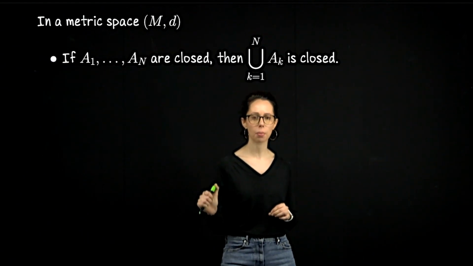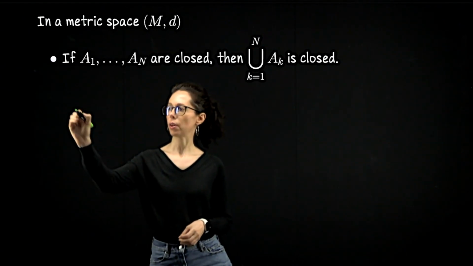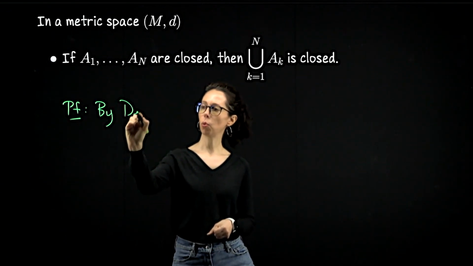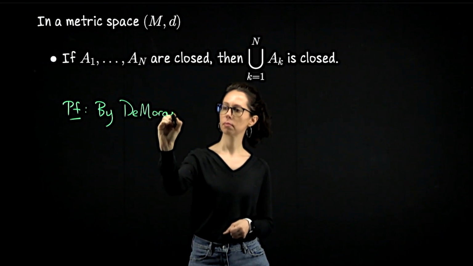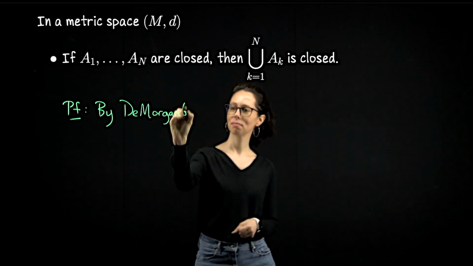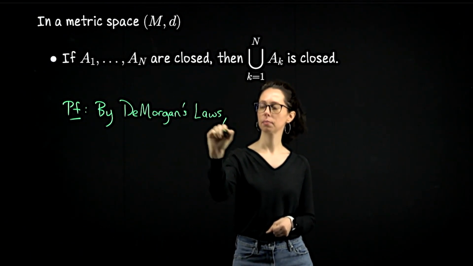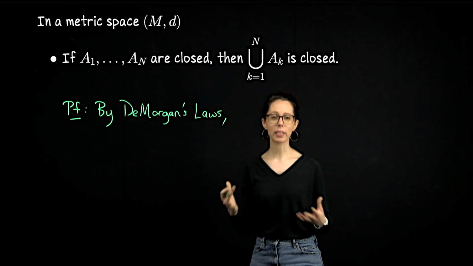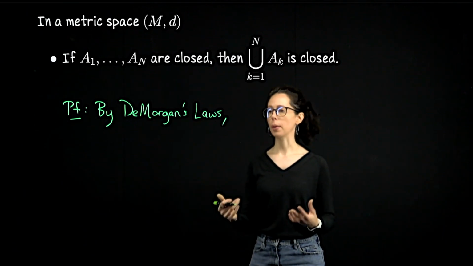Here we're going to take a complement of a union. So by De Morgan's laws, I want to take the complement of this union because we need to determine if the complement is open.